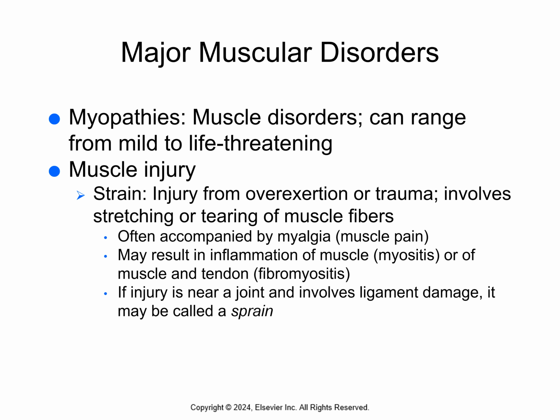When you have that, you usually have myalgia, which is muscle pain, and you're going to get myositis, which is where it'll get inflamed. And if it really is bad and it hurts the tendon, you can have fibromyositis. If the injury is near a joint and involves ligament damage, it is called a sprain. So we went from a strain to a sprain if it involves ligament damage.